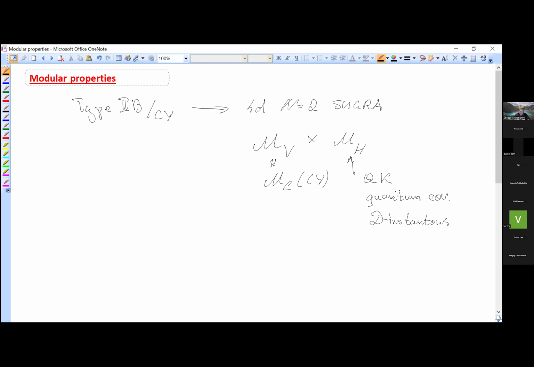And so how do these D-instantons look? Well, roughly speaking, they are just exponential corrections, exponential terms in the metric, which is the exponential of the volume of the corresponding cycle. The cycle is characterized by the charge gamma, and there is some string coupling.